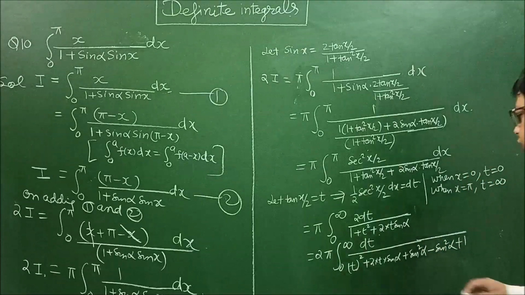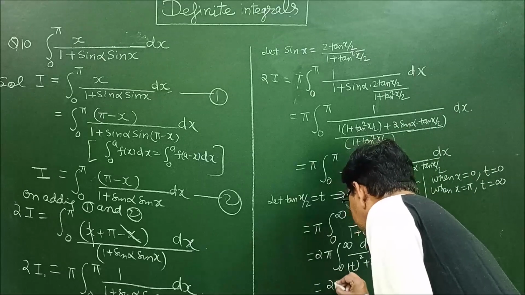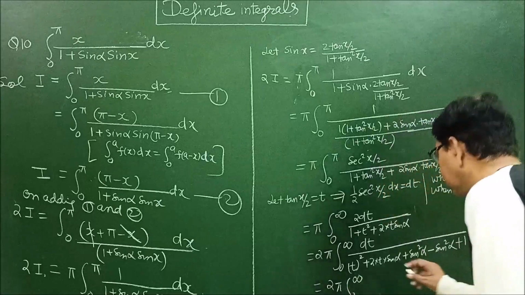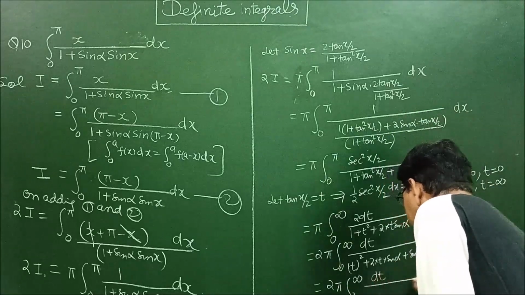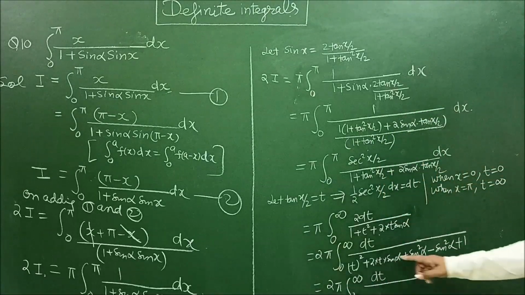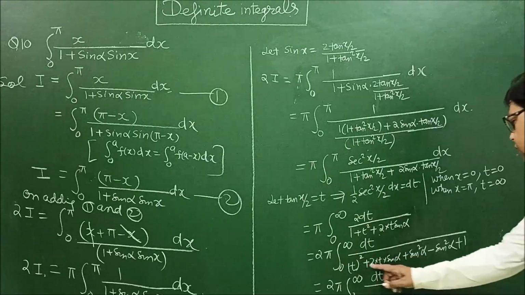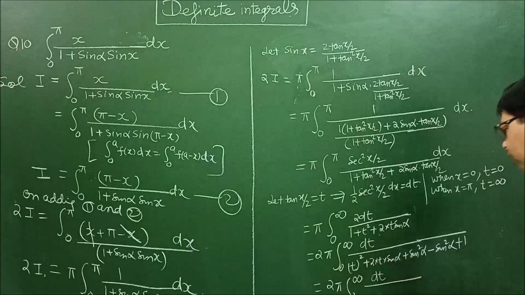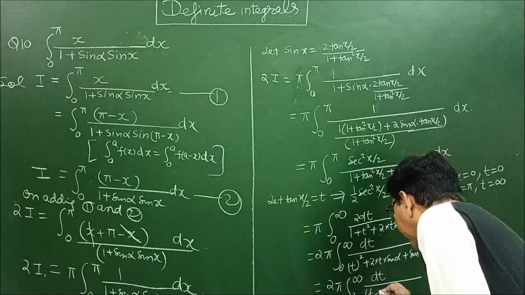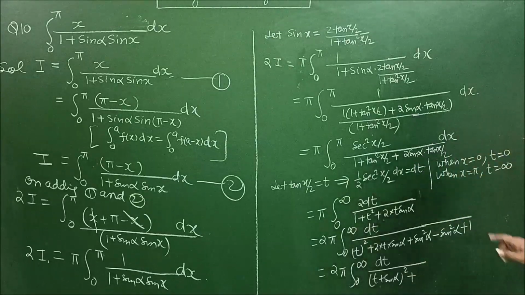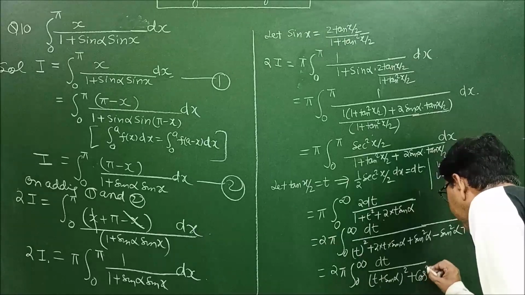So this is equal to 2 pi integral 0 to infinity dt upon t square plus 2t sin alpha plus sin square alpha, which is the whole square of t plus sin alpha, plus 1 minus sin square alpha, which is equal to cos square alpha.